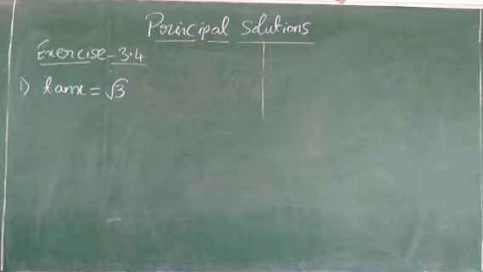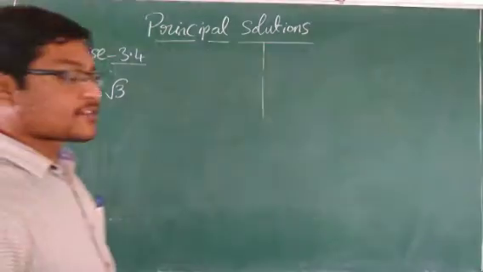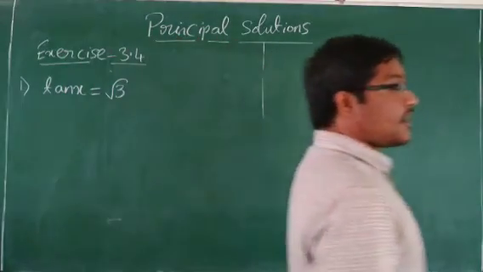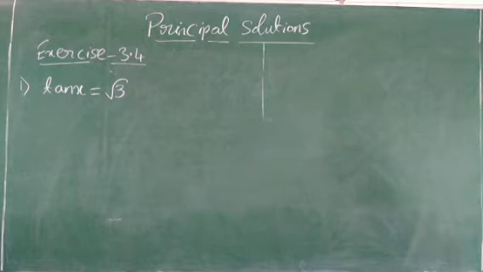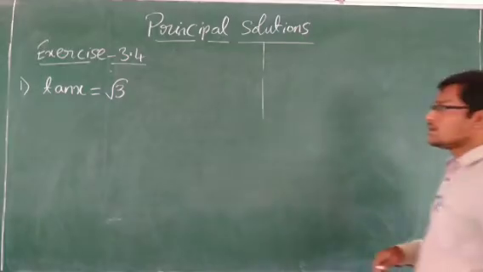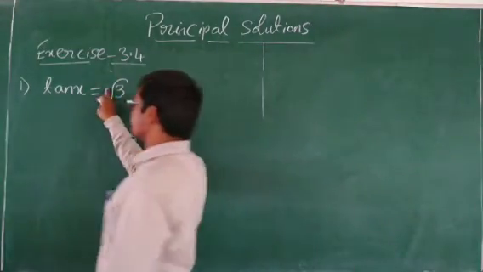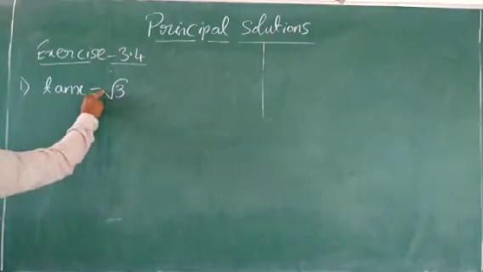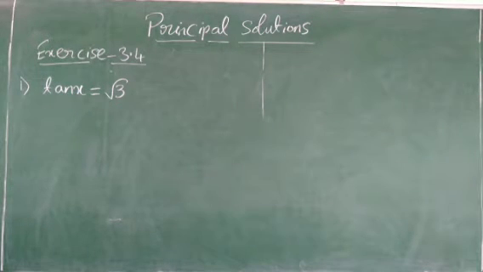Now consider a question from the exercise. Tan x is equal to root 3. Again find the principal solution only. Find the principal solution of tan x is equal to root 3. Now you can see this is positive. Tan is positive. Where do we get tan positive? In which quadrants?